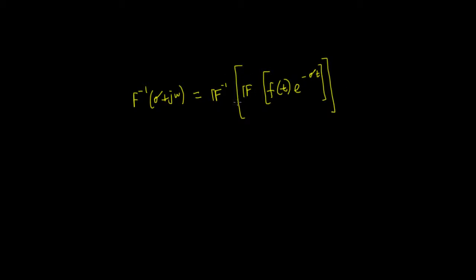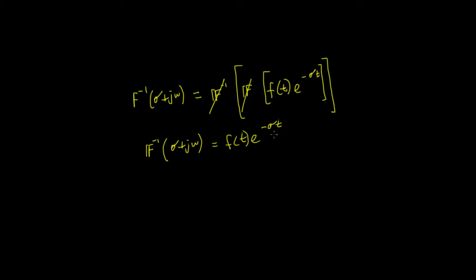By doing that, we can cancel out the forward transform and the inverse transform, so you're just left with an inverse transform of our F of sigma plus j omega, and that's going to equal f of t e to the minus sigma t.